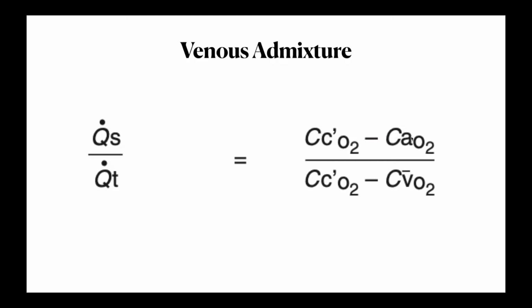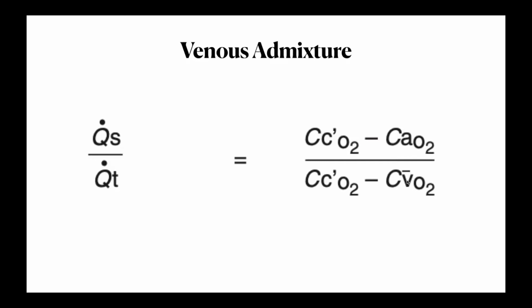The way to do it is to think about the individual components here. We've got the shunt fraction, the total blood flow, the oxygen content in end capillary blood, oxygen content in arterial blood, and oxygen content in mixed venous blood.